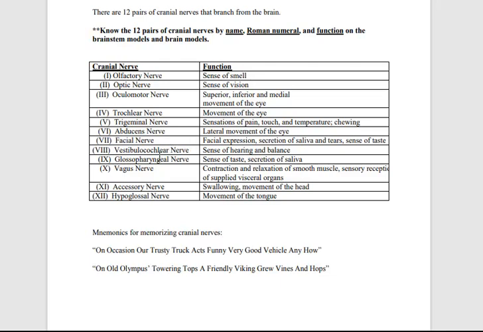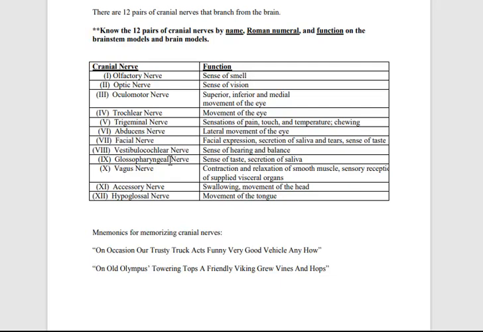And the vestibulocochlear nerve has to do with inside your ear. So it is hearing and balance. So the vestibulocochlear nerve is in charge of hearing and balance. The glossopharyngeal nerve has to do with the sense of taste and the secretion of saliva.